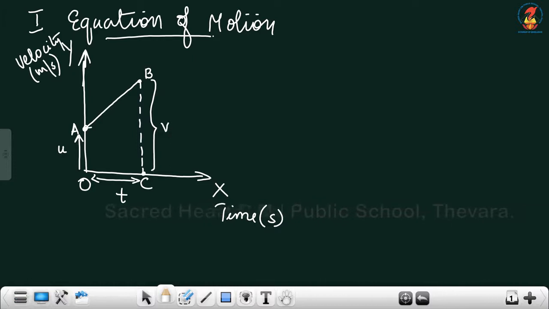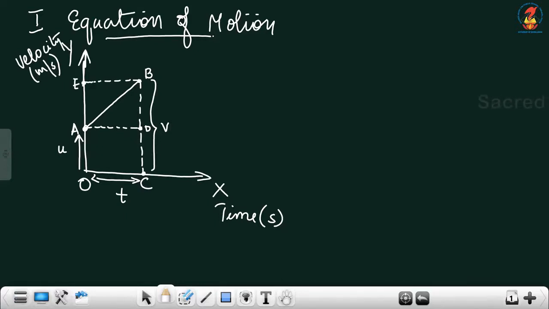Now I will draw a line parallel to the time axis from the point A. It meets this line BC. Name it as D. Again from this point I will draw a line to the x axis. Name it as E.